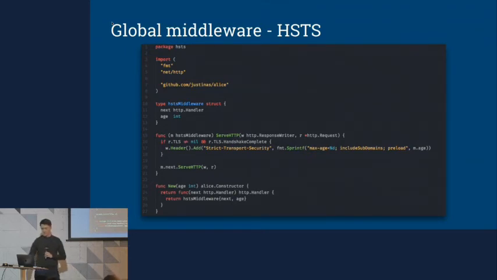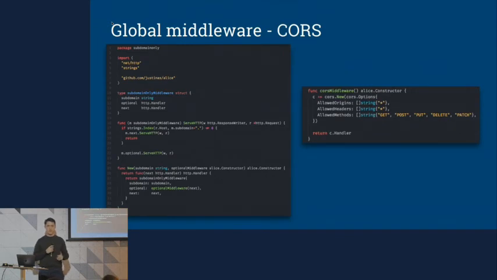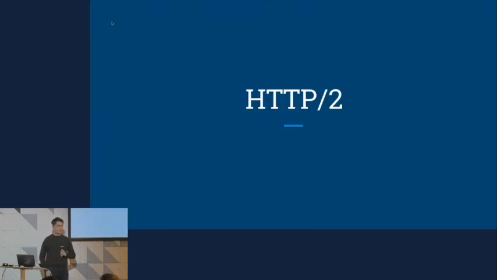Similarly, we could put CORS headers on our API, regardless of whether that API was being served from Ruby or from Go. Both of them could have the same CORS middleware. And when Go implemented HTTP/2, we just recompiled and got that for free, which is pretty cool.